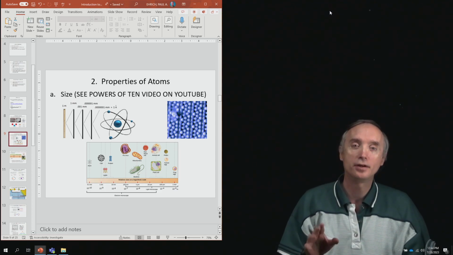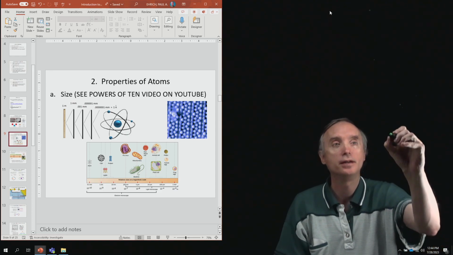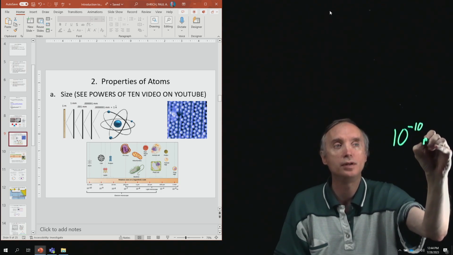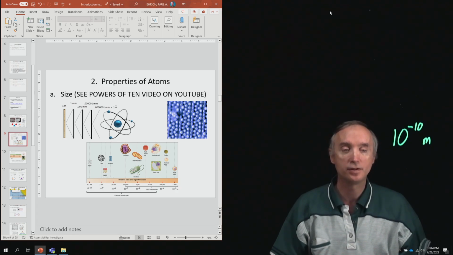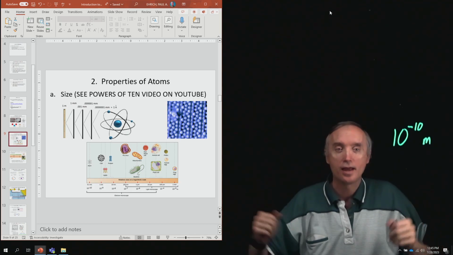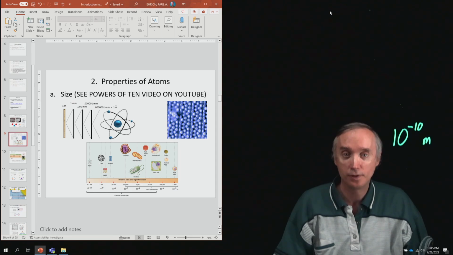The size of the atom is going to be 10 to the -10th meters in diameter. To give you an idea of what that means, imagine you take a meter stick and chop it up into 1,000 pieces.